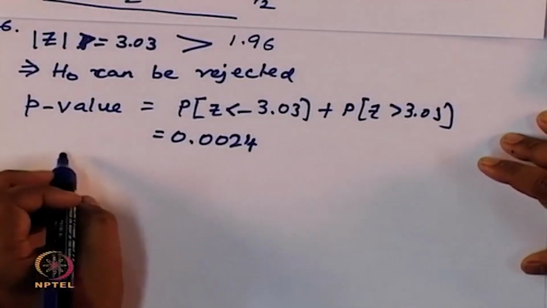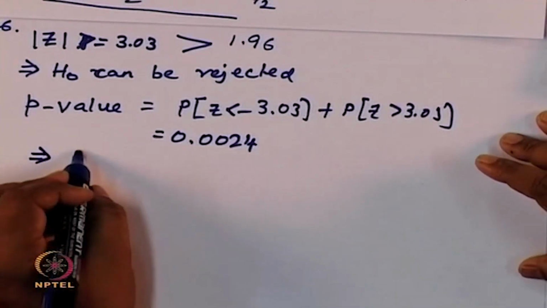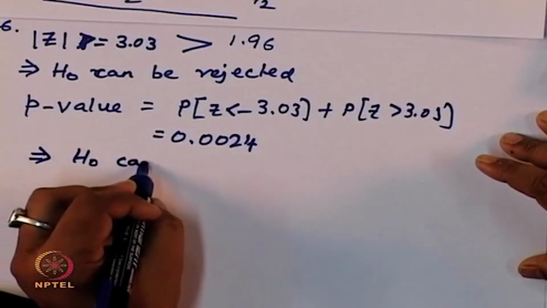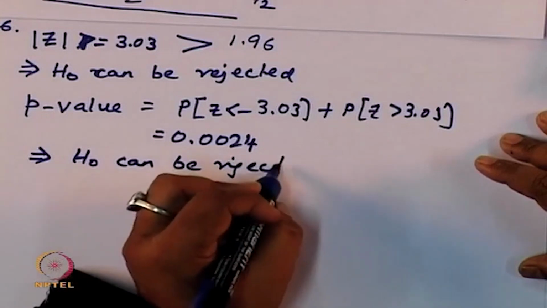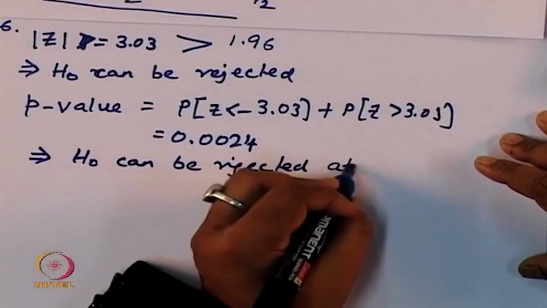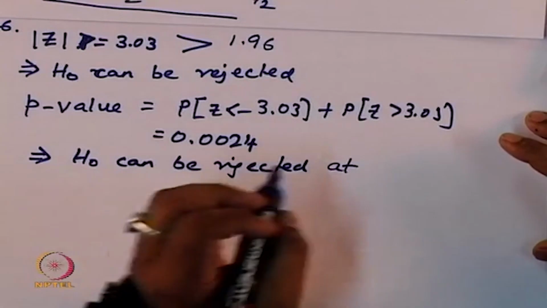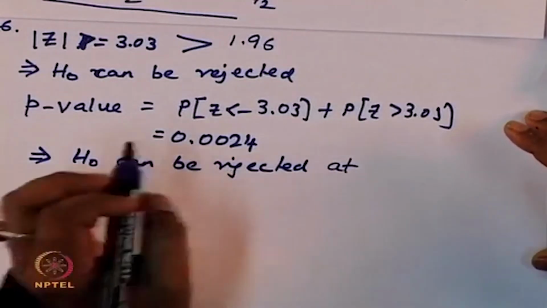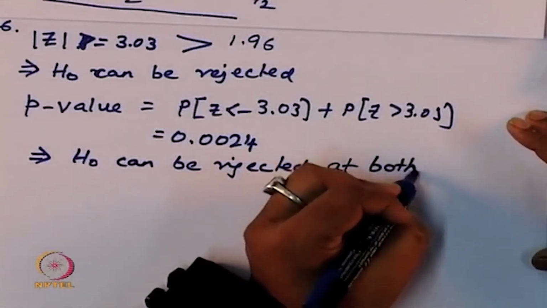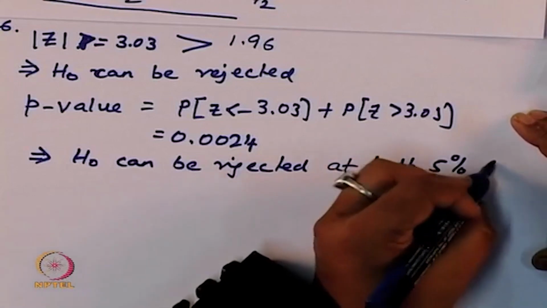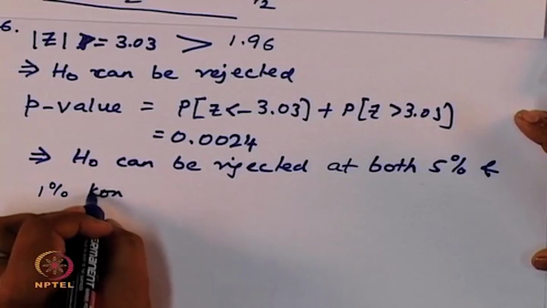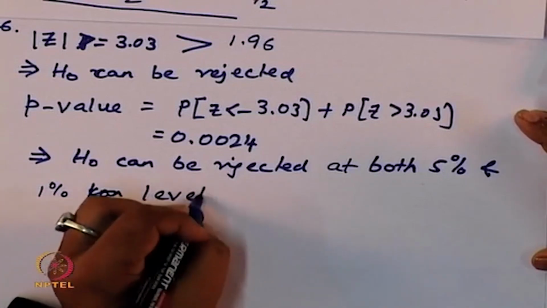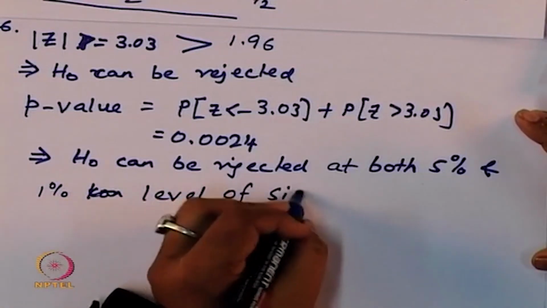So, this tells us that H naught can be rejected at both 5% and 1% levels of significance.